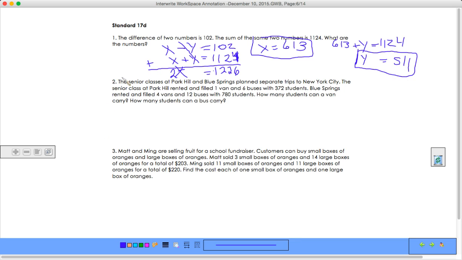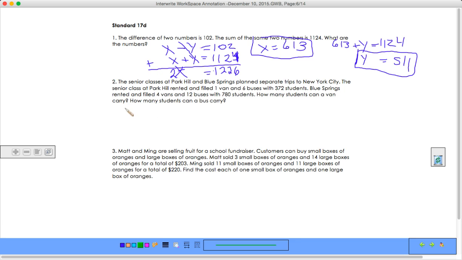Okay. Now this next one I'm not going to solve for you, but we're going to see at least if we can set it up. So the senior class at Park Hill and Blue Springs planned separate trips to New York. The senior class at Park Hill rented and filled one van and 6 buses with 372 students.